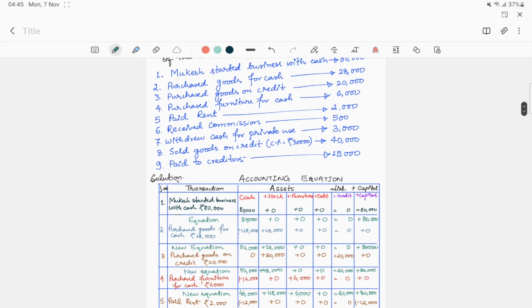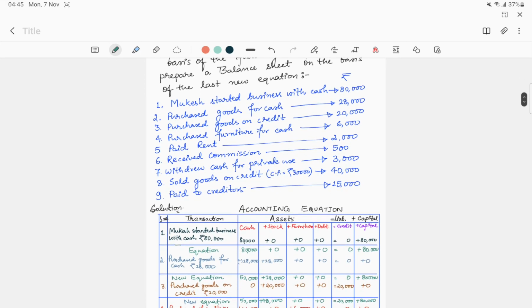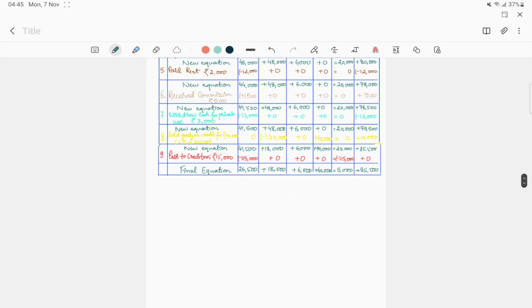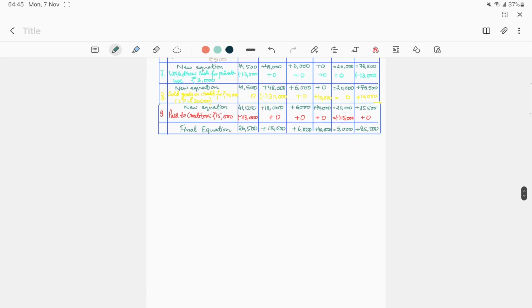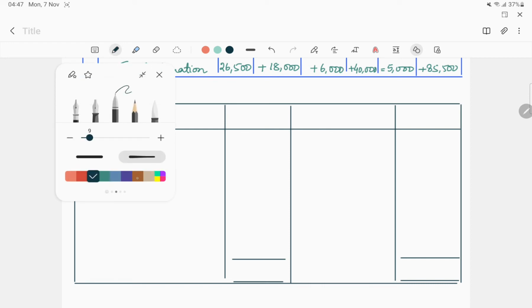And after writing the accounting equation, we are going to prepare the balance sheet using the last new equation. So to prepare the balance sheet, we are going to make a new table.